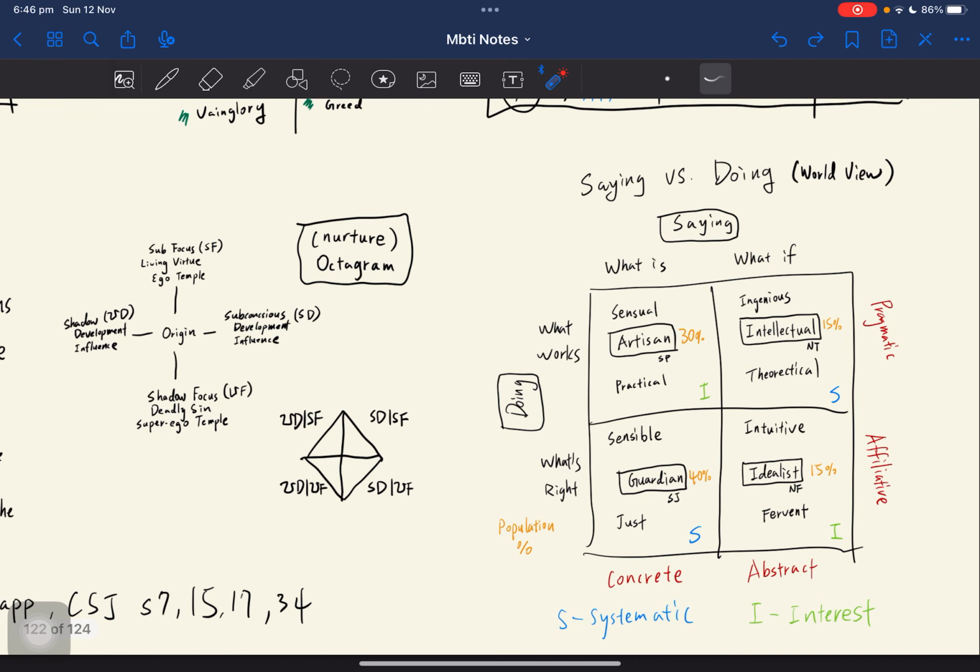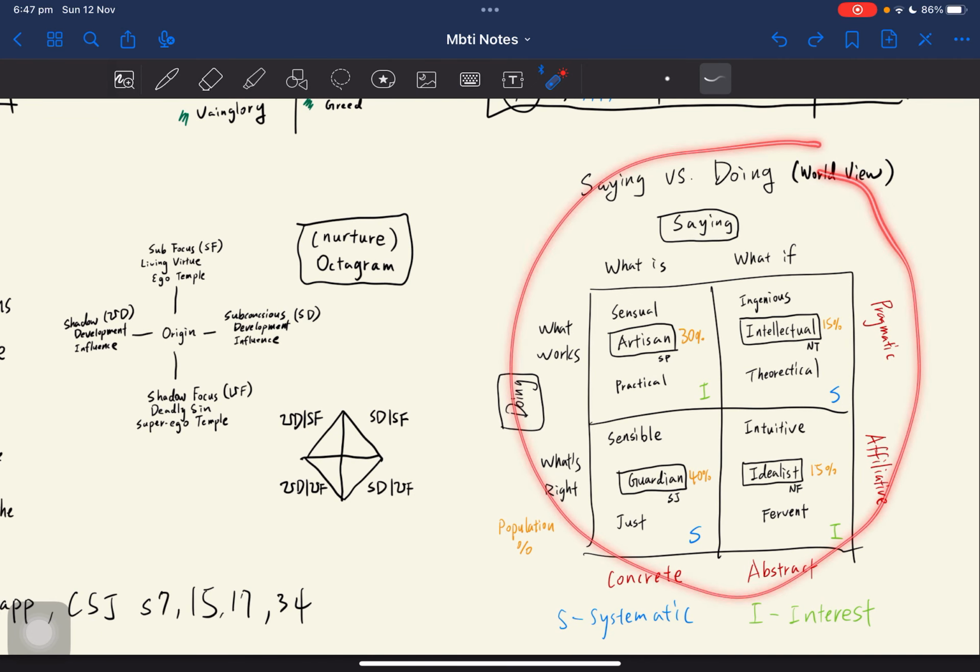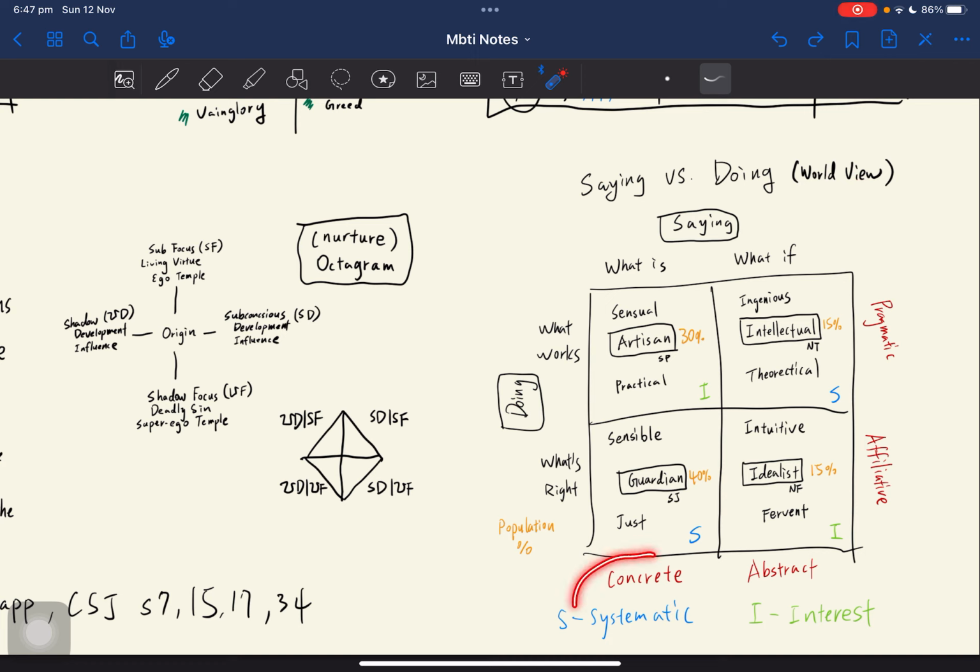And the next one is the saying versus doing. Same thing, you're looking at whether they are abstract or concrete, pragmatic or affiliative, and systematic or interest. Concrete versus abstract is fairly straightforward.